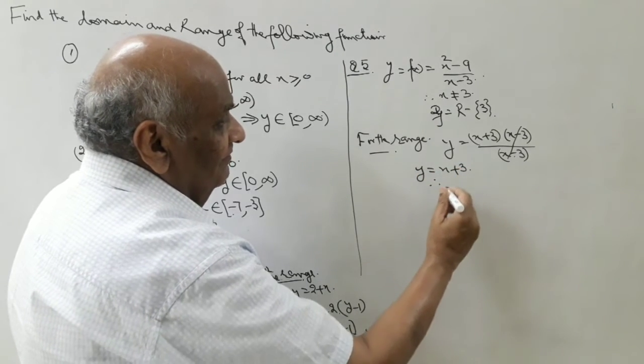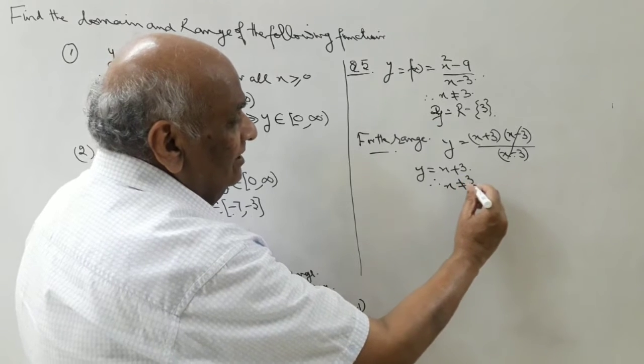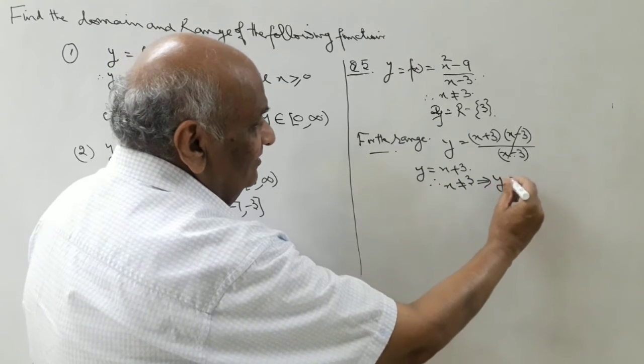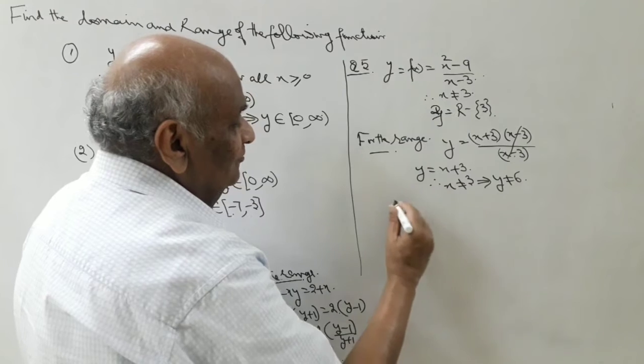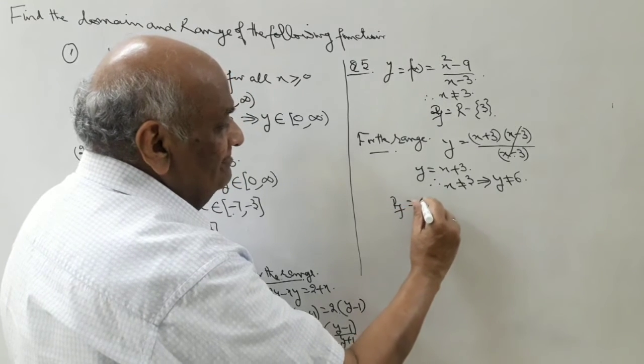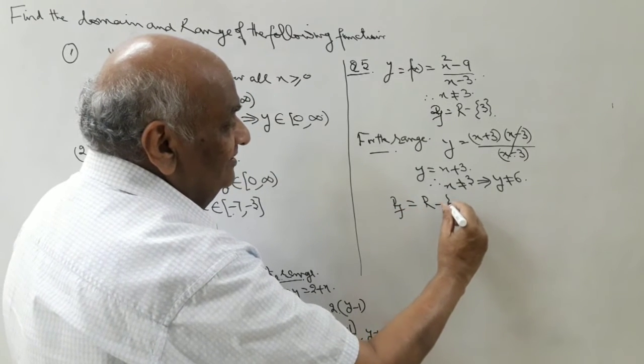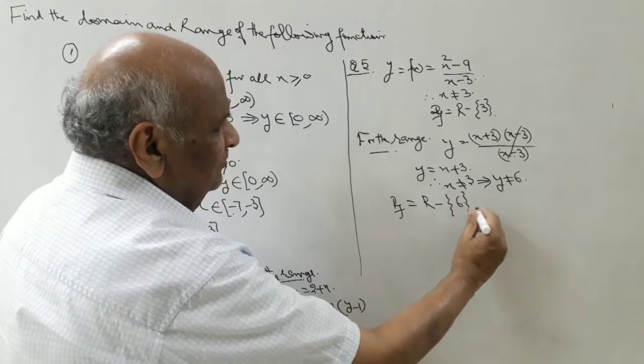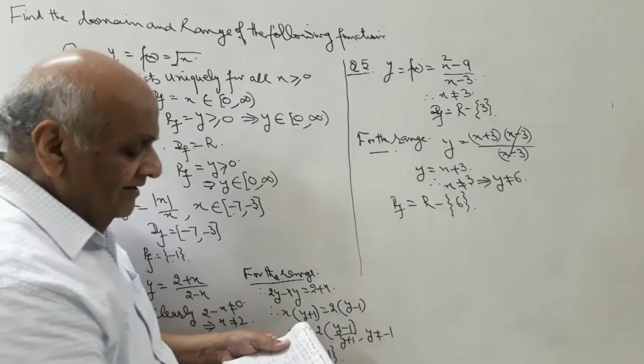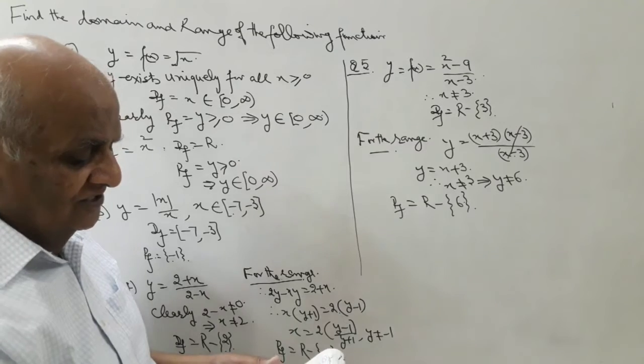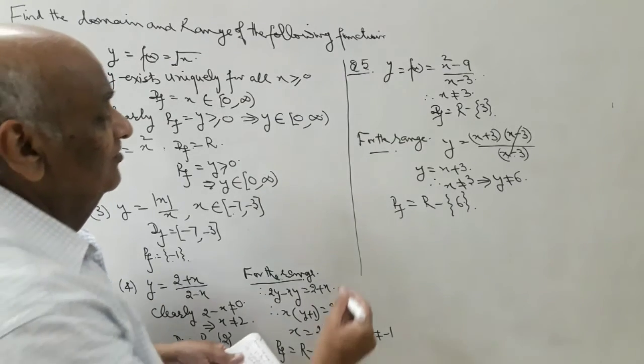Therefore, when x is not equal to 3, it implies y is not equal to 6. So the range of the function is all real minus 6. Note down this system, how I am finding the domain and range of these cases. Now question number 6.